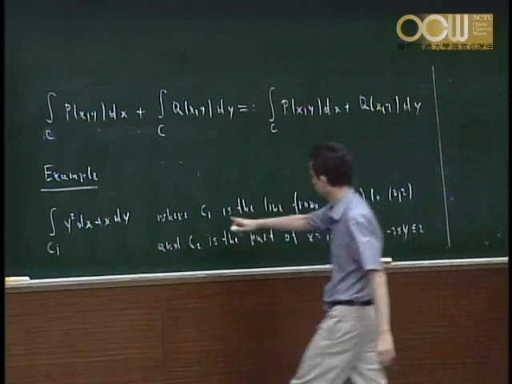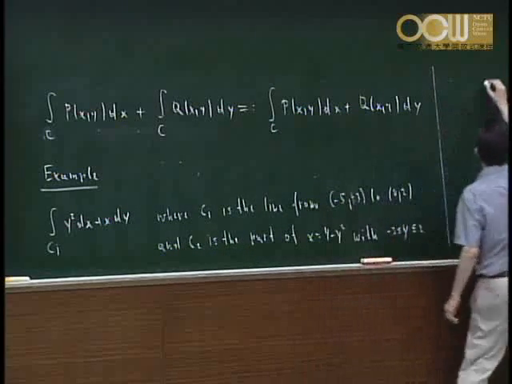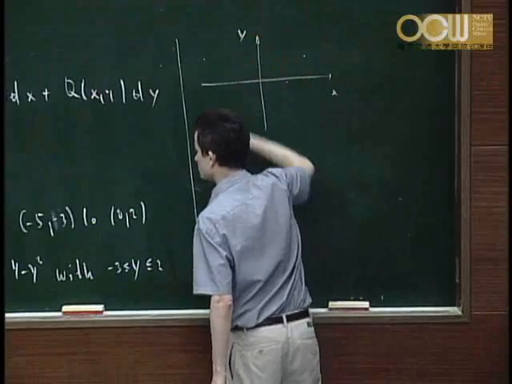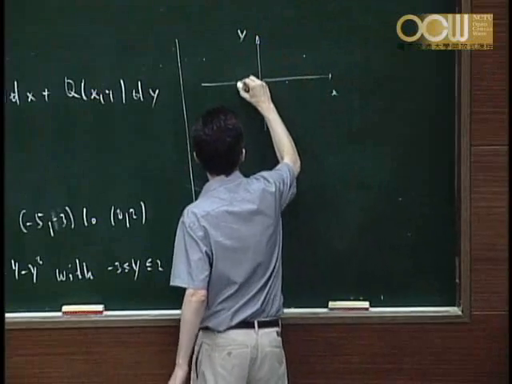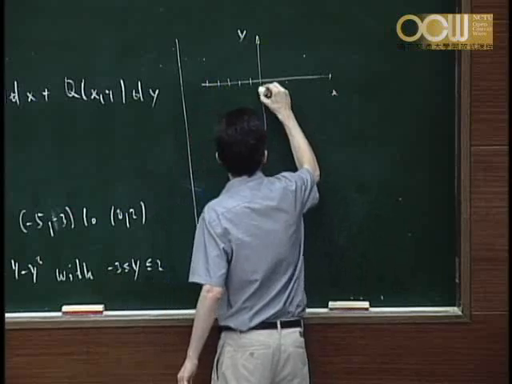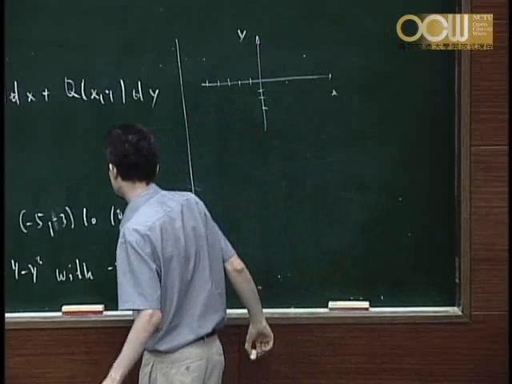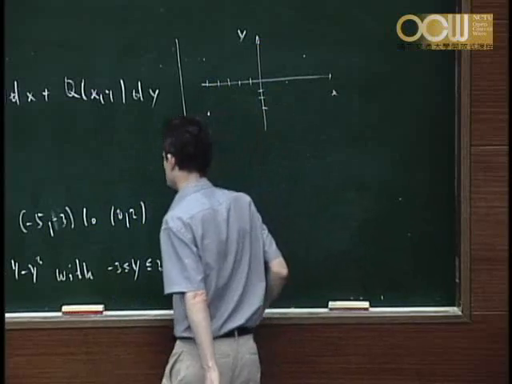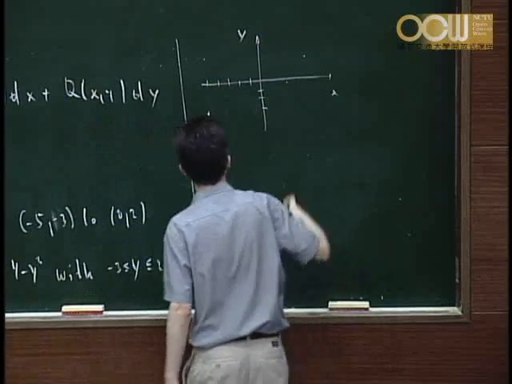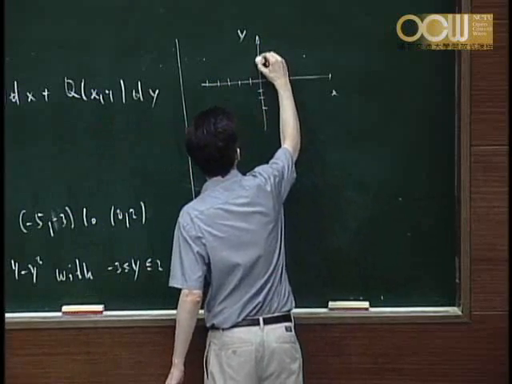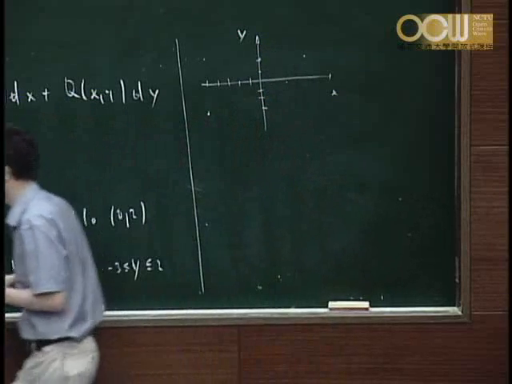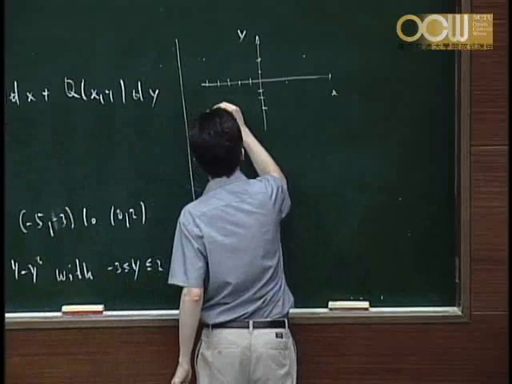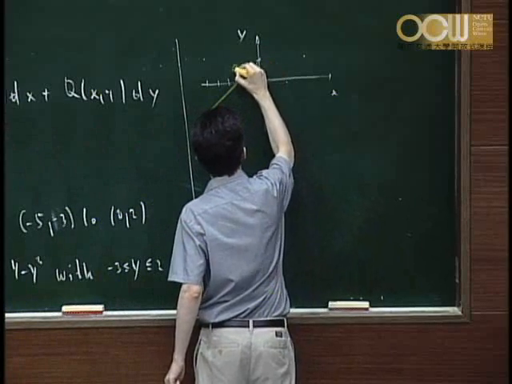So let's look at the first one, C1. Maybe let's plot it. Here we have x, here we have y. From this point, x is 0, y is 2, to here. So the first curve is this one, C1.